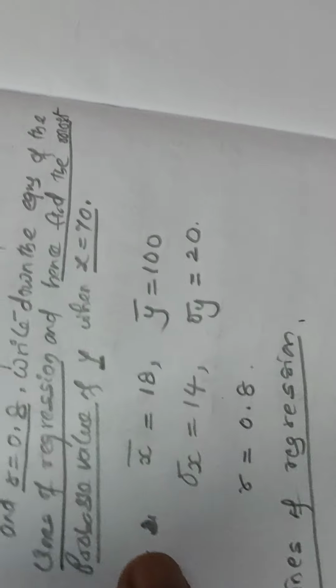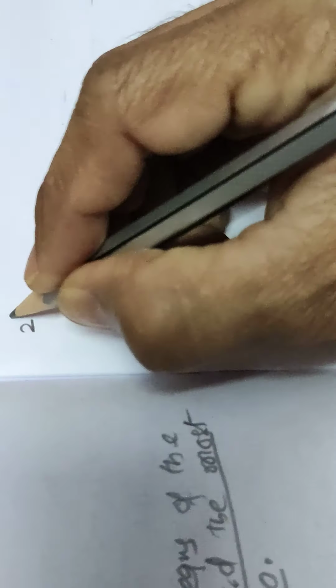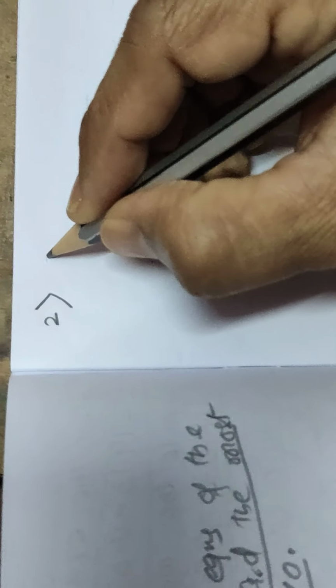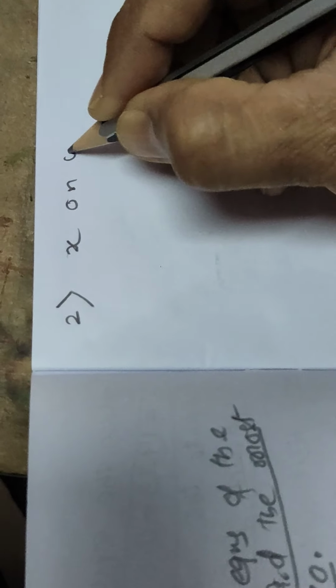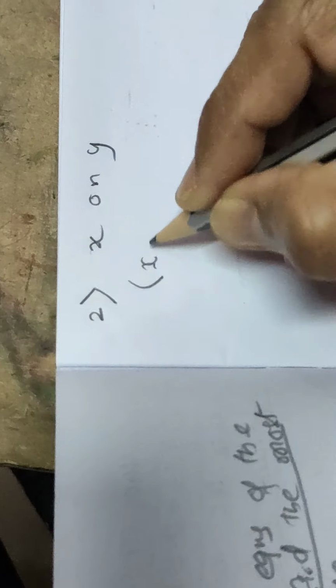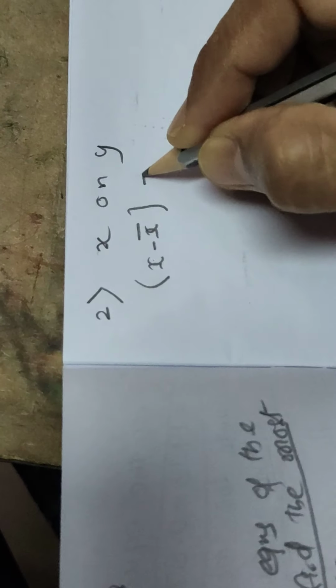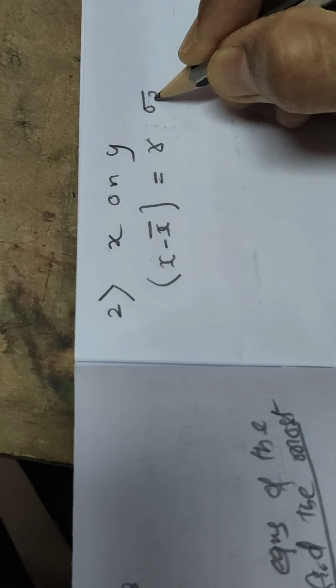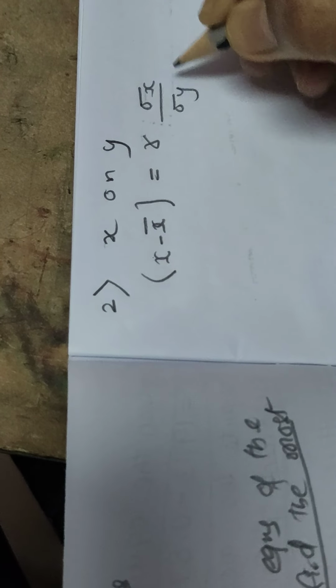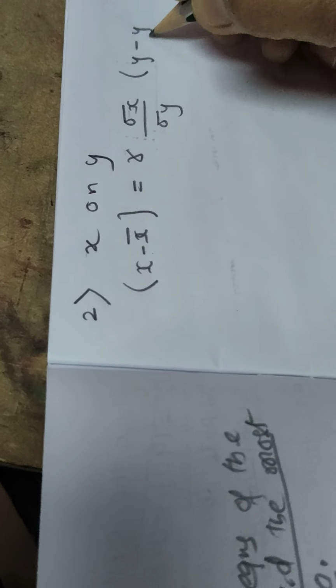Now in the same way I'll use the second one, that is the line of regression of x on y. That formula was also given in the last class: x minus x bar is equal to r into sigma x by sigma y into y minus y bar.